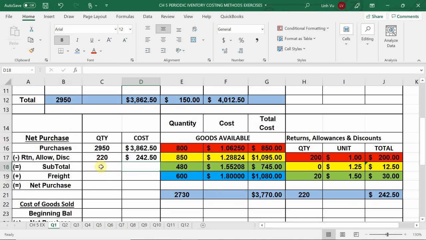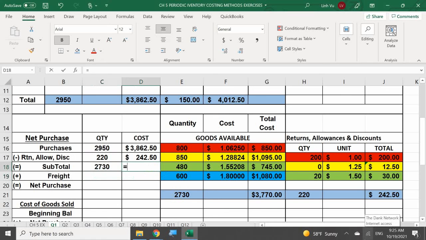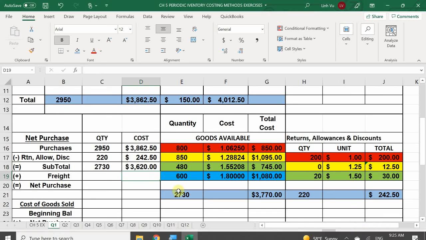So therefore, my subtotal, if you look here at the indication, a return decreases your purchase. So in this case, I now have a grand total of 2,730 units left, which, ding, ding, ding, is right here. And let's see, if we take our 3,862.50 and subtract our 242.50, we now have $3,620, okay?